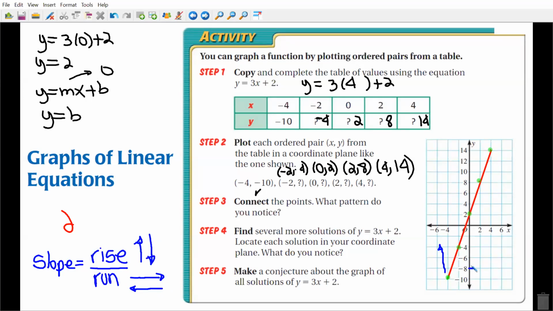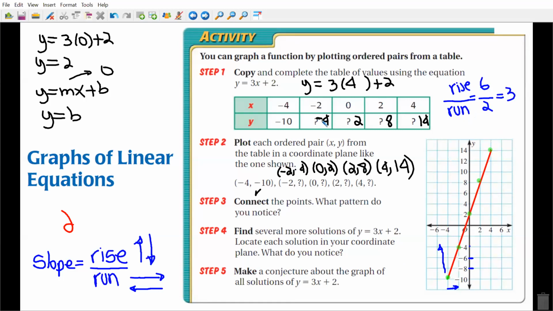2, 6. 4, 6, right? So rise 6 and run. Run from this point to this point. How many units? 2 units. And now, guys, how much is 6 divided by 2? 3.